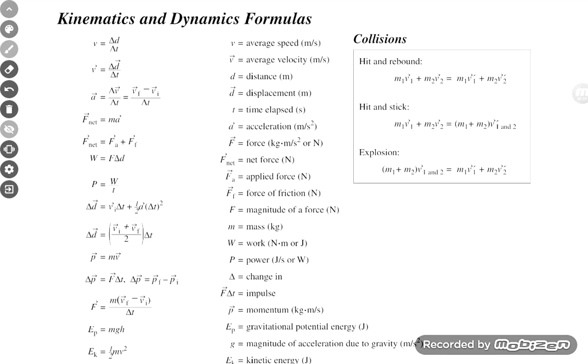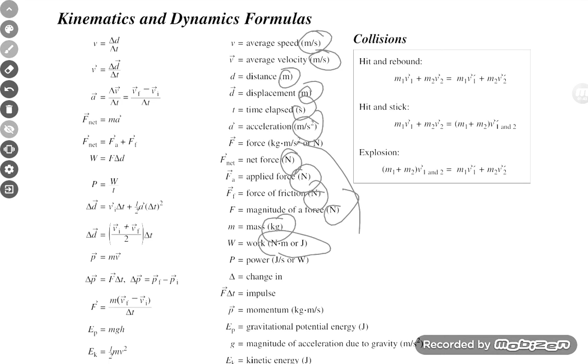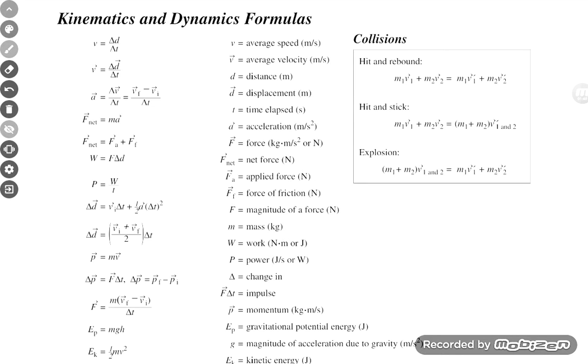Another big thing to note is these units here. It tells you what unit they're supposed to be in, so your final answer should always be written in these units. You don't know what a Newton is yet, but you will. You must write your answers in these forms for these types of questions. So that's another little hint for you.